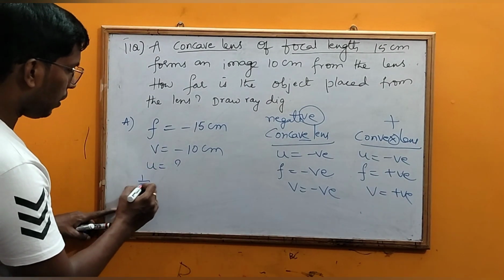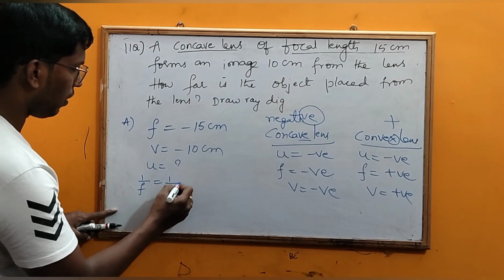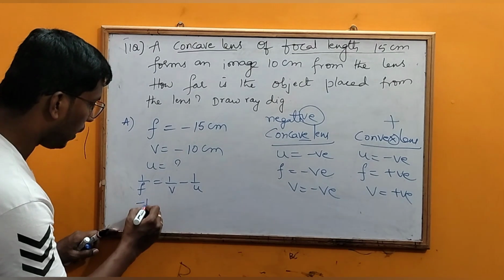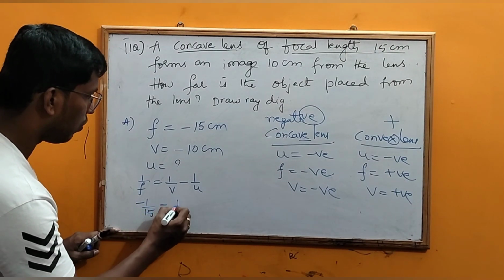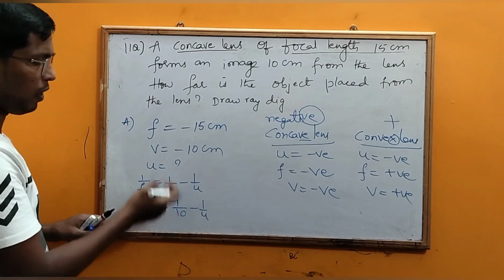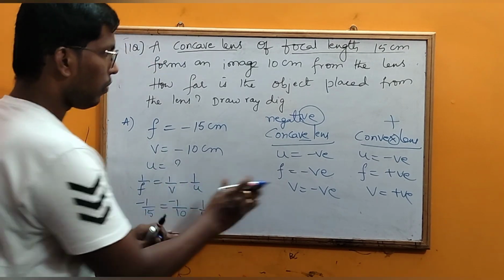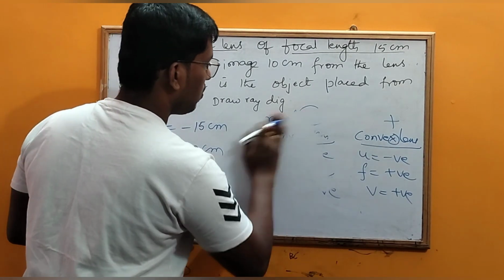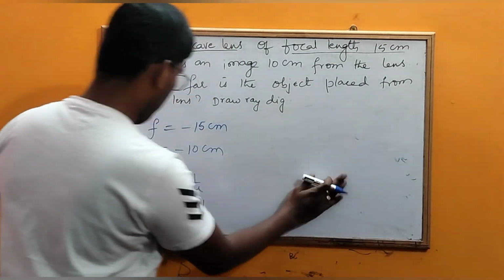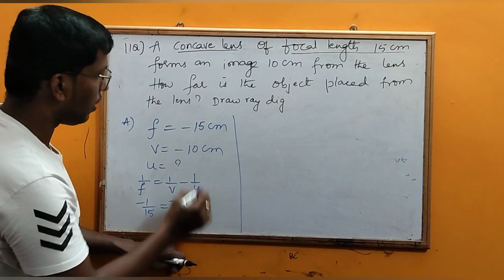What is the lens formula? 1 by F is equal to 1 by V minus 1 by U. Substitute all the values. Minus 1 by 15 is equal to minus 1 by 10 minus 1 by U. So the V value is minus 10. Now I have to find the U value.